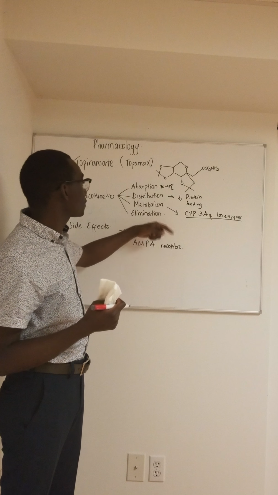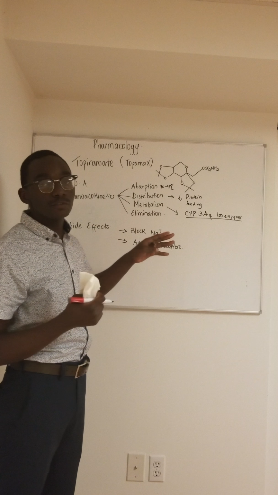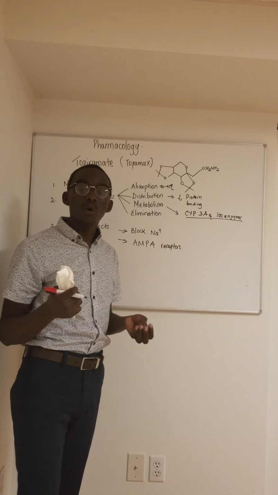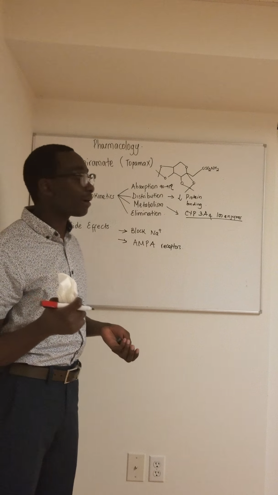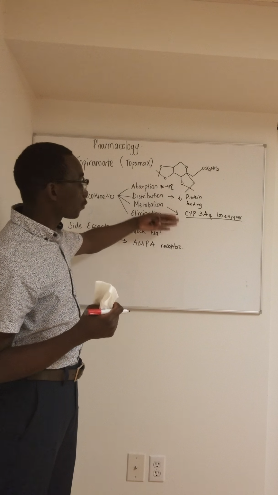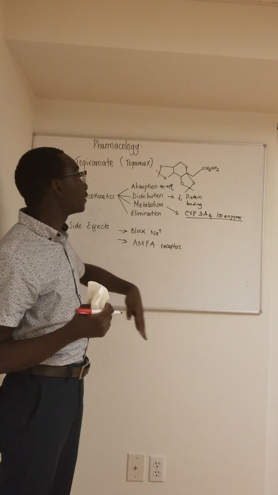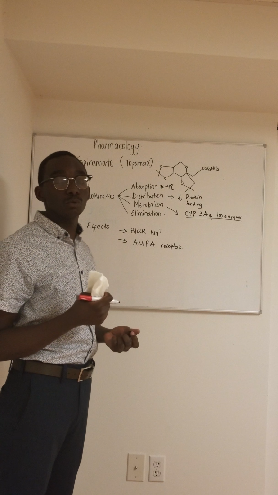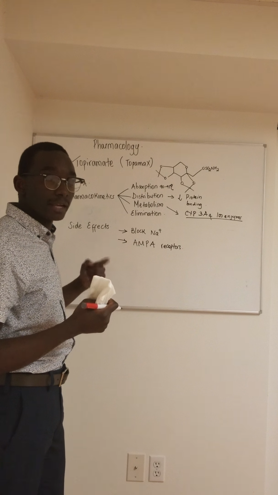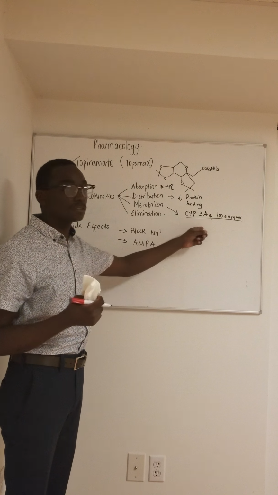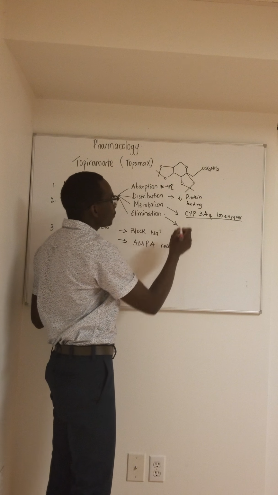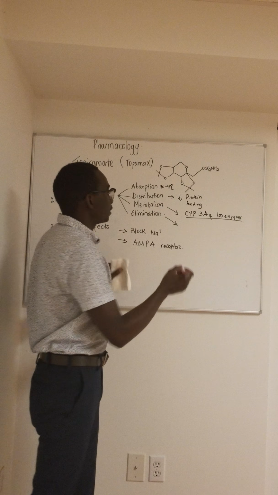So when you give it together with phenobarbital, phenytoin, or carbamazepine, we are going to see a reduction in the concentration of this drug in the blood, and therefore it's better to do a dose adjustment when given with other anti-seizure drugs that induce this isoenzyme. The drug is usually eliminated in urine.